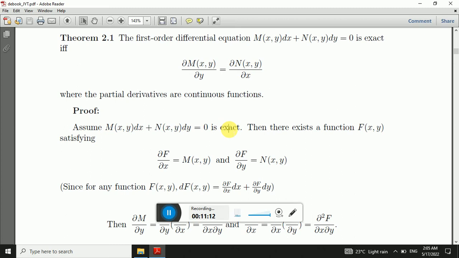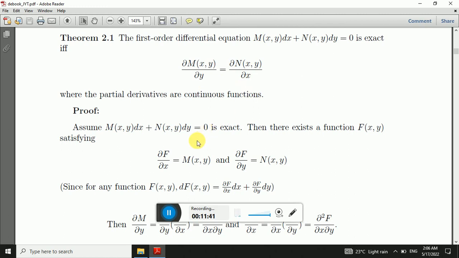Now, if it is exact, that means we want to show that the partial derivative of M with respect to y is the same as the partial derivative of N with respect to x. I'm now looking at this definition. That is what we want to show, that this derivative and this other partial derivative will be the same.